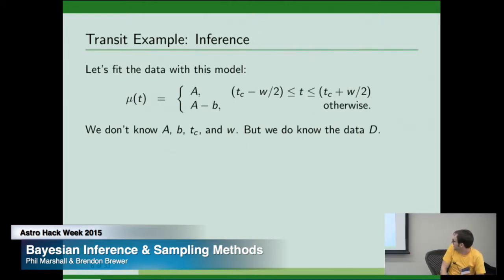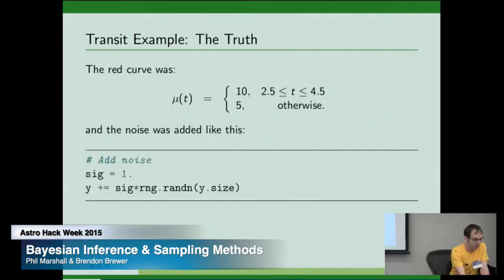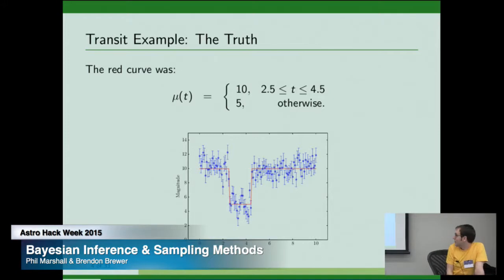So this model has 4 parameters, A, B, tc, and w, and we would want to infer those from the data set, which could be these noisy blue points.